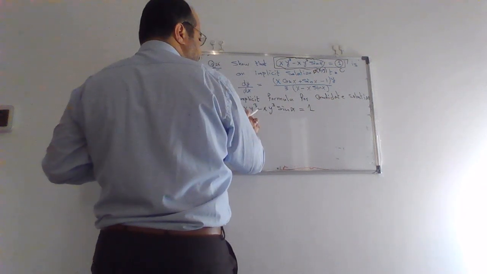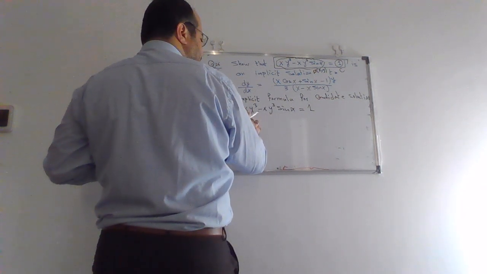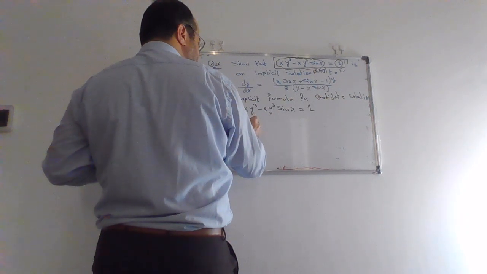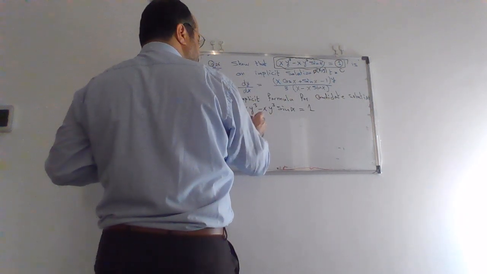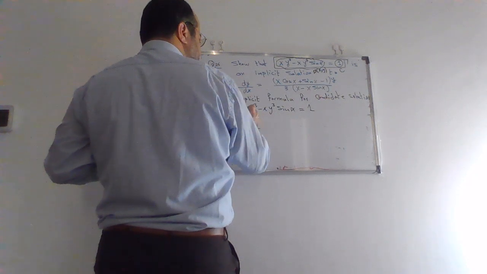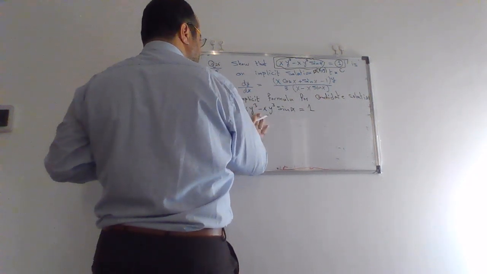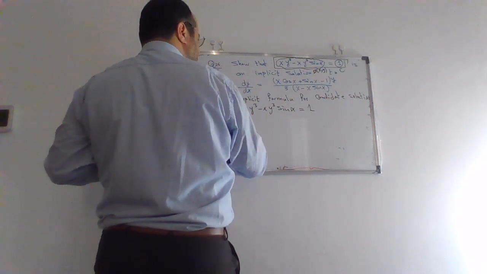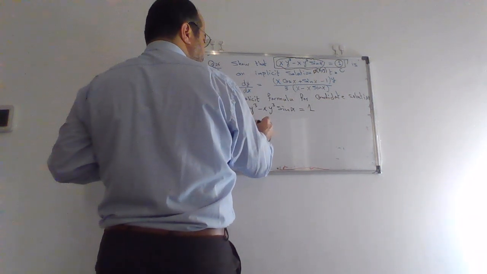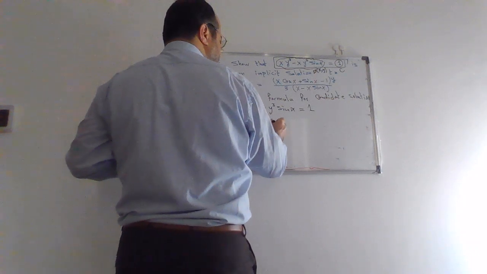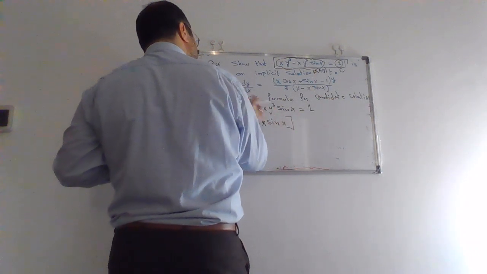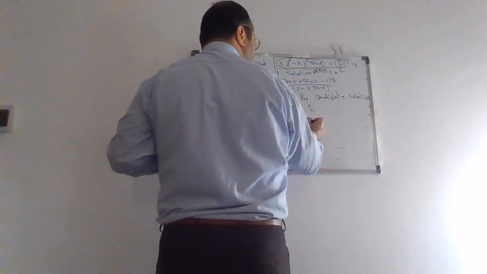Now let me try to change it to explicit. So on my steps here, I'm trying to change to explicit. First, I take y cubed as a common factor. So I'm taking y cubed outside, and here is 1 minus x sine x. So I'm taking y cubed as a common factor here, equal 1.